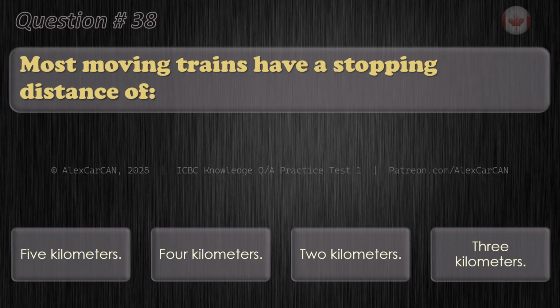Question number 38. Most moving trains have a stopping distance of 5 kilometers, 4 kilometers, 2 kilometers, 3 kilometers. The correct answer is 2 kilometers.